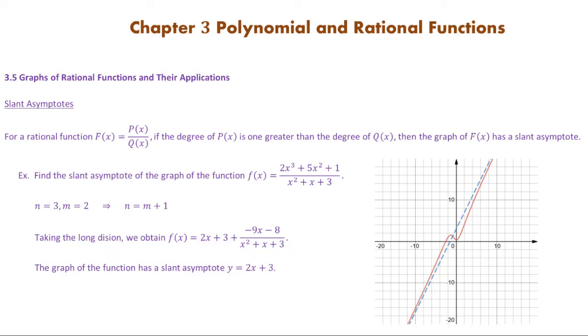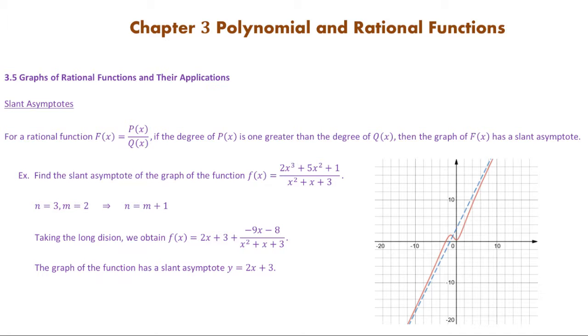If you do the polynomial division, just like you do the division of numbers, you're going to get f(x) equals 2x plus 3 plus negative 9x minus 8 over x squared plus x plus 3.